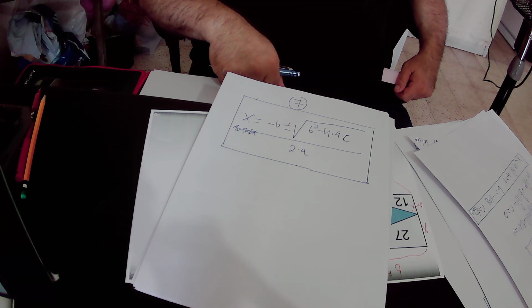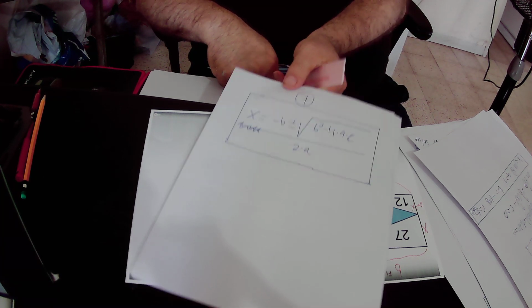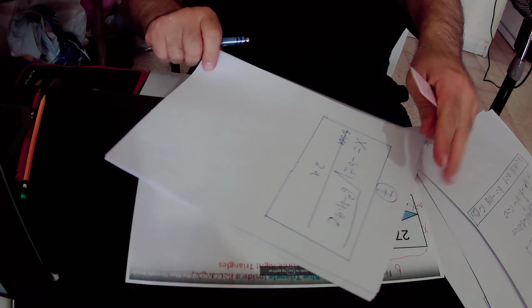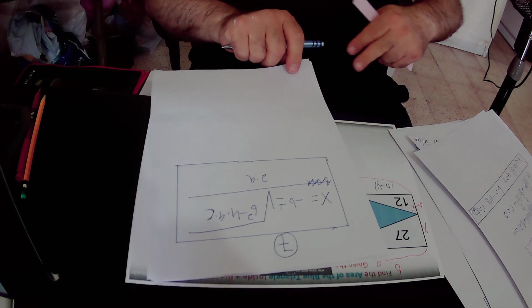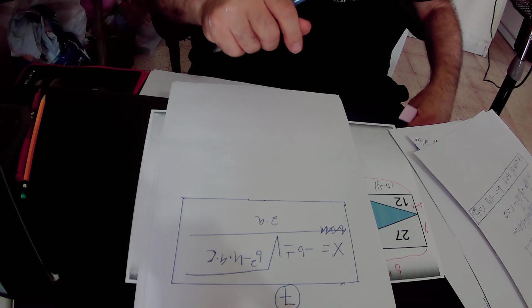It will not always be two roots, but it might be that we will have two different answers for a times b, that is x.